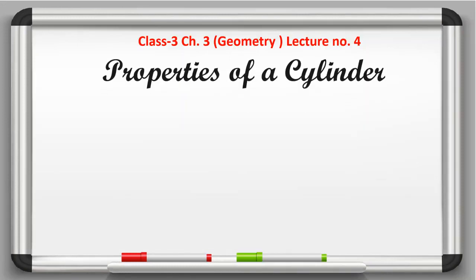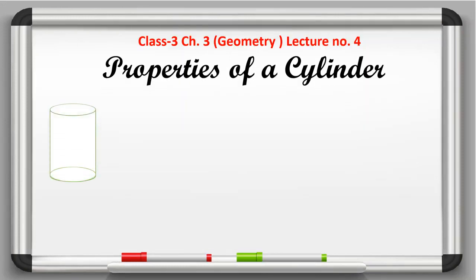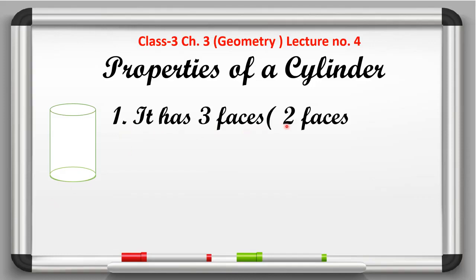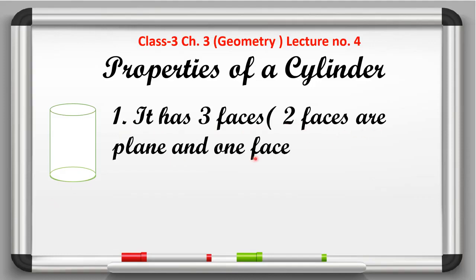Now beta, properties of a cylinder. Here this is the cylinder shape and now we will write its properties. Number 1, it has 3 faces. 2 faces are plane and 1 face is curved. This and this are the plane faces. So there are 2 plane faces and 1 face is curved.